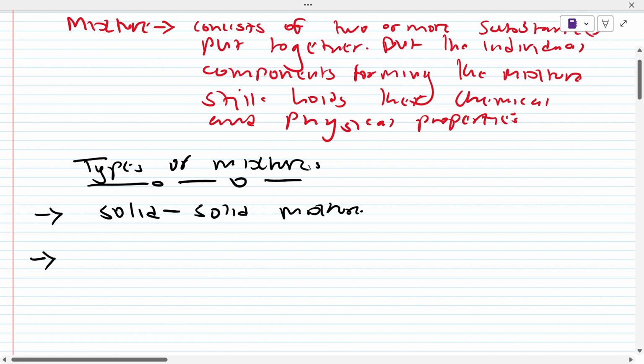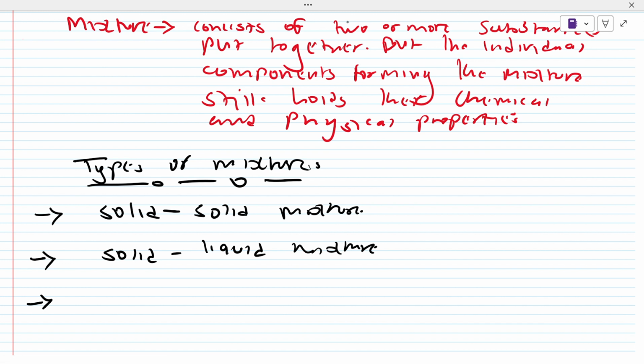Second one, we have solid liquid mixture, and we have liquid mixture.